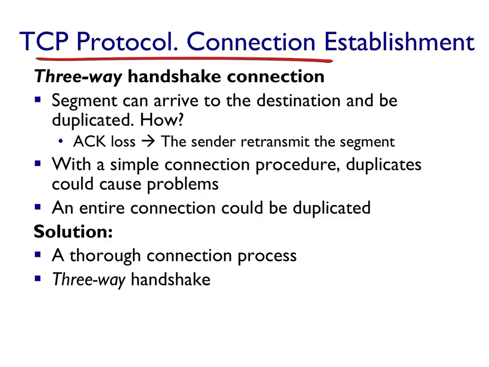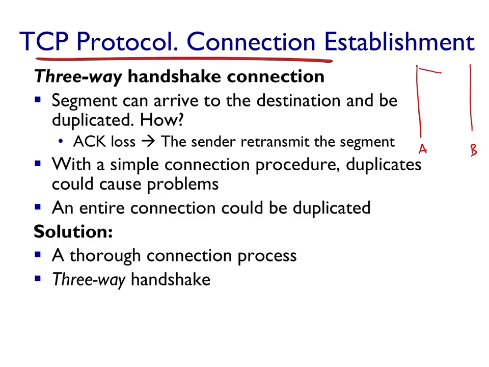So as a summary, for the three-way handshake connection, the segment can arrive at the destination and be duplicated. How? Let's see an example. Imagine that host A sends a segment, but this segment is slow in the sense that it's flowing through the network.